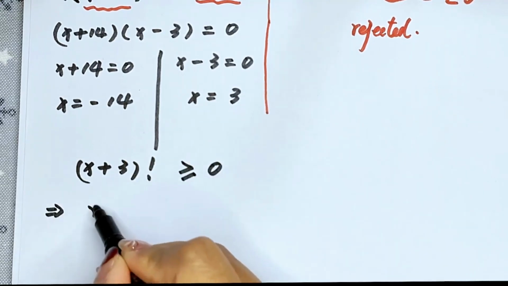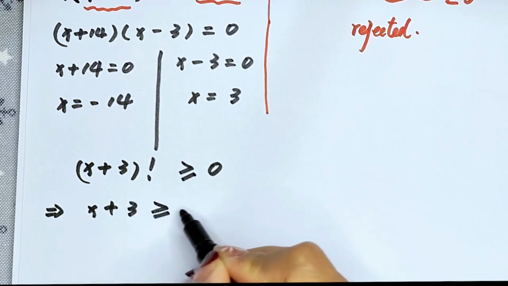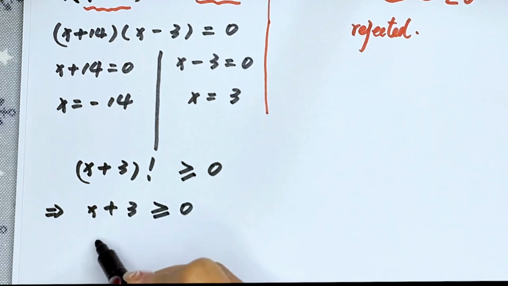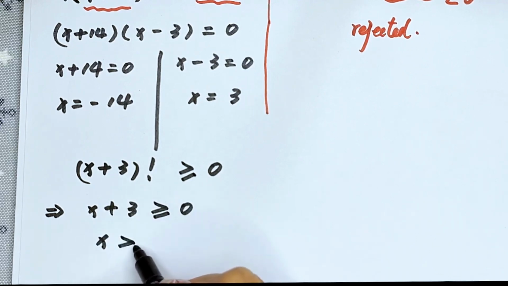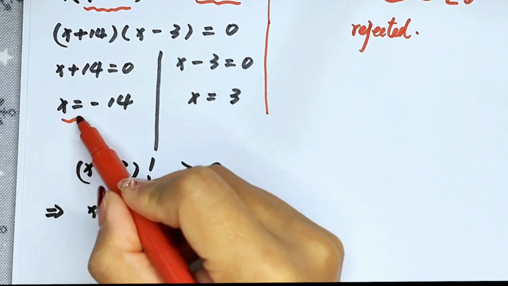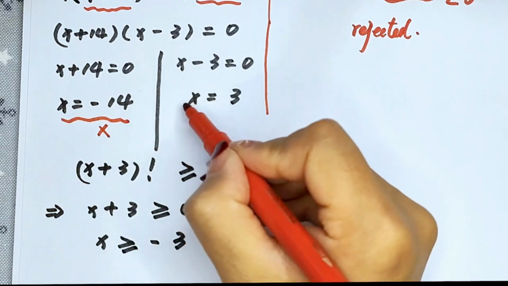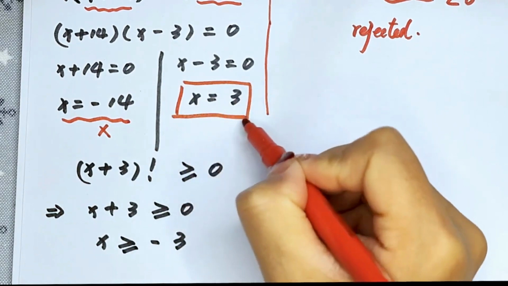It means x plus 3 is greater than or equal to 0. So x is greater than or equal to negative 3. So this value will be rejected. So x equals 3 is the final answer.